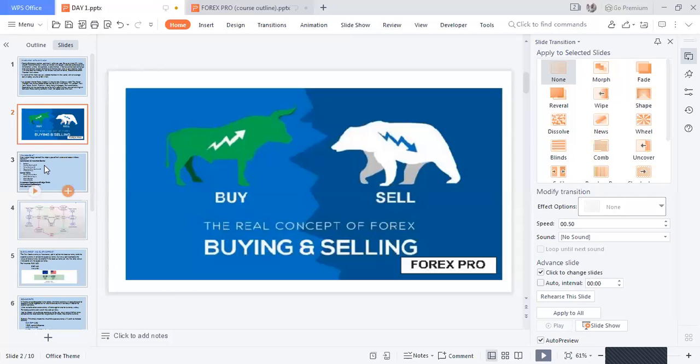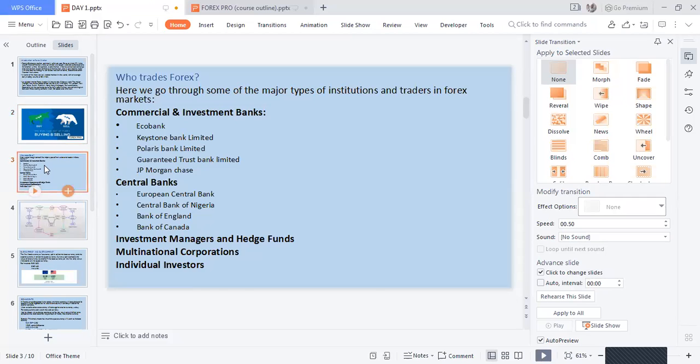Now, who trades Forex? The commercial banks, the central banks, investment managers and hedge funds, multinational corporations, and individual investors. The major bodies that are actually in charge of Forex trading are the central banks. Examples of central banks are the European Central Bank, Central Bank of Nigeria, Bank of England, and so forth.